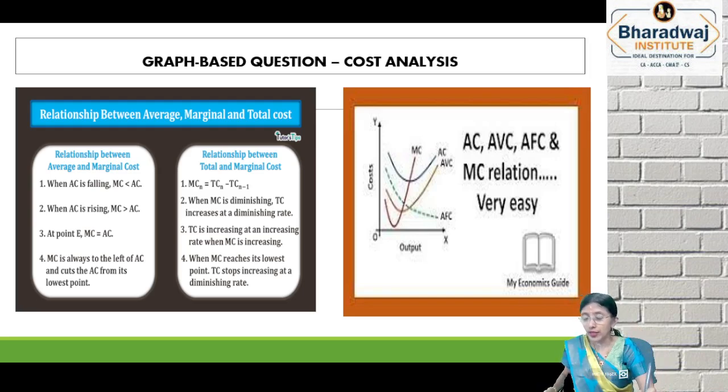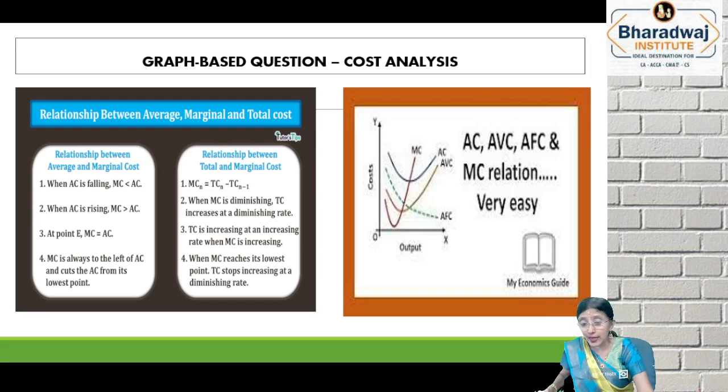Mudit was saying he did TUn minus TUn minus 1. So a formulaic expression is there. When MC is diminishing, TC increases at a diminishing rate. The rate at which TC is increasing is diminishing.